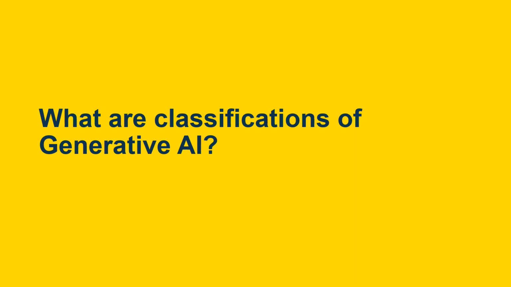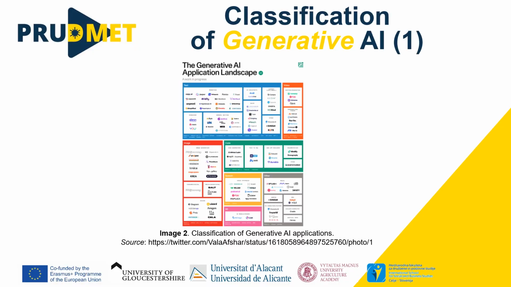What are classifications of generative AI? As you can see in image 2, the AI landscape for business covers many areas such as text, video, image, code, 3D, speech, and others.